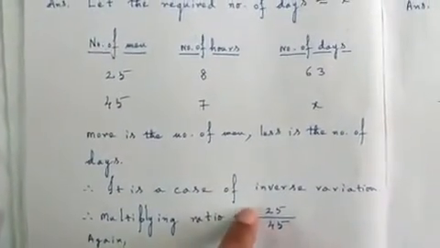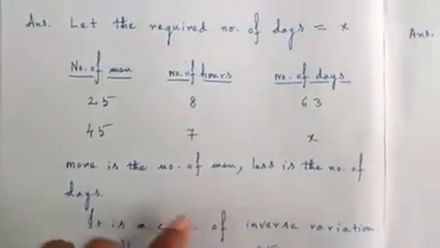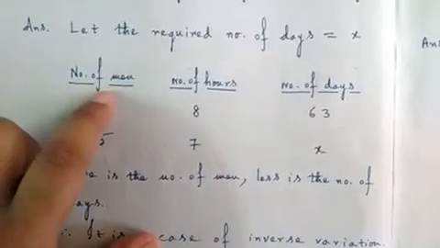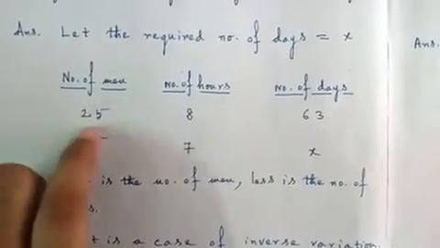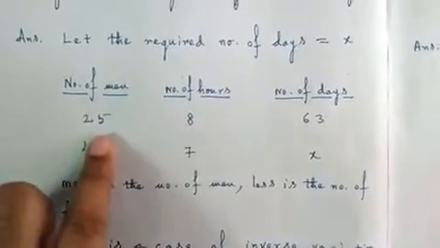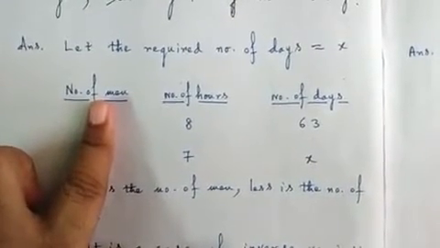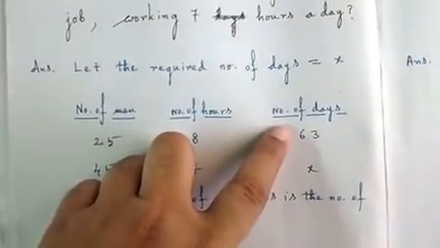Multiplying ratio: 25 by 45. Then the number of men will be covered. I'll consider this 25 as 1 man, and this 45 will be considered as 1 man too. Cover it. One man takes 8 hours a day and completes the job in 63 days.